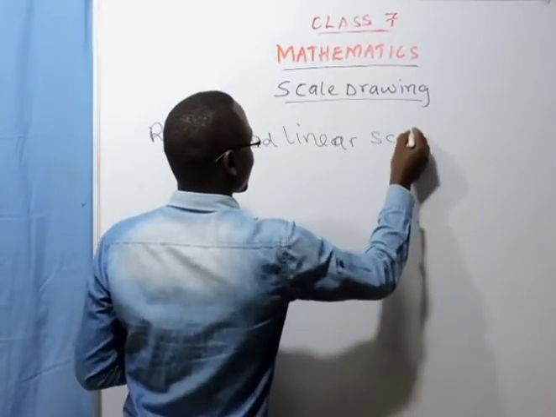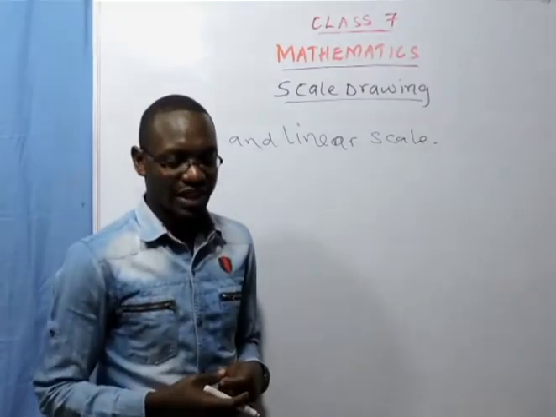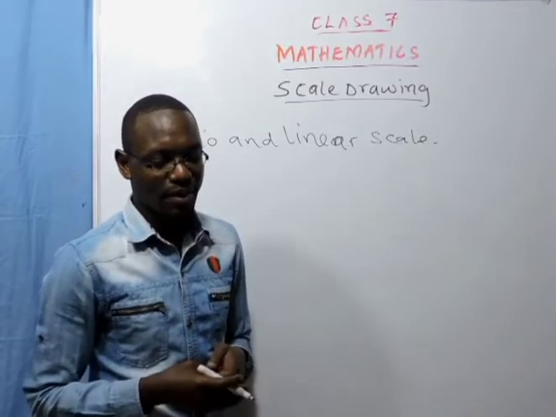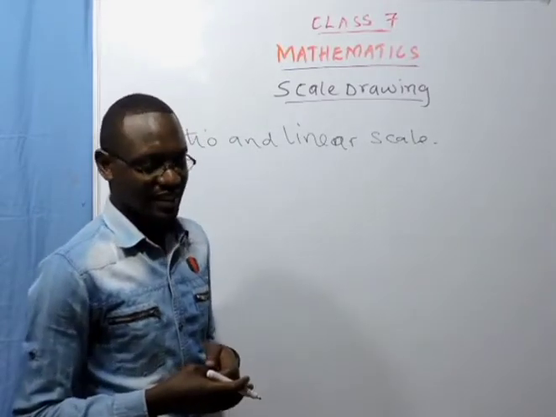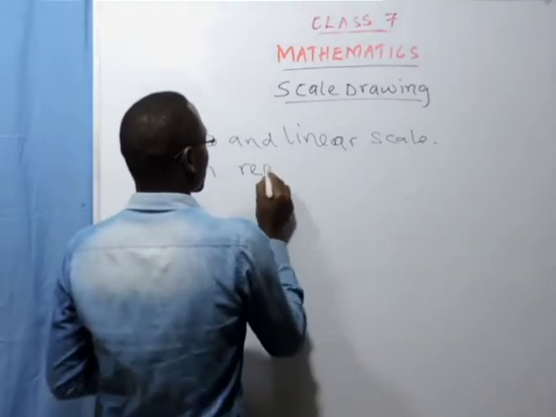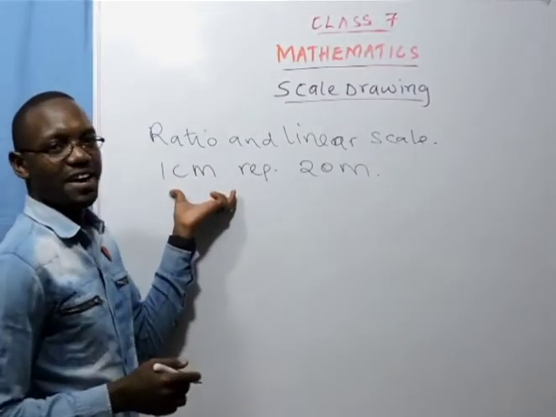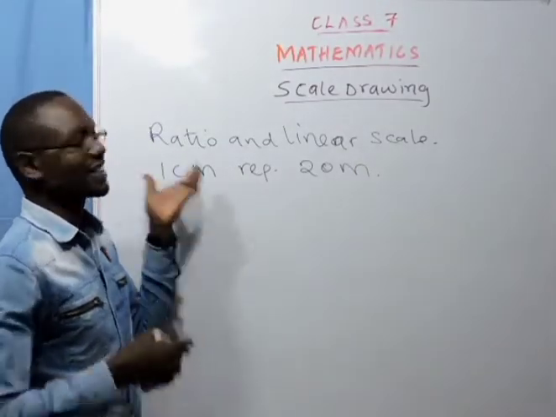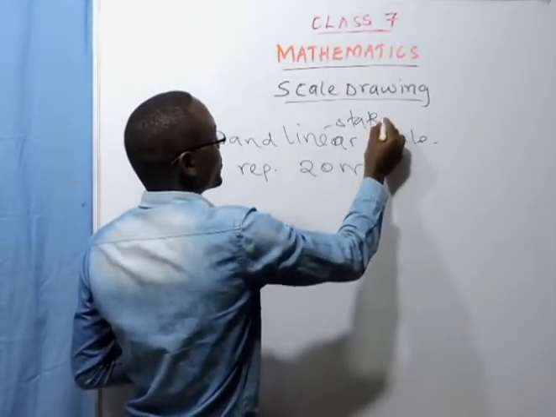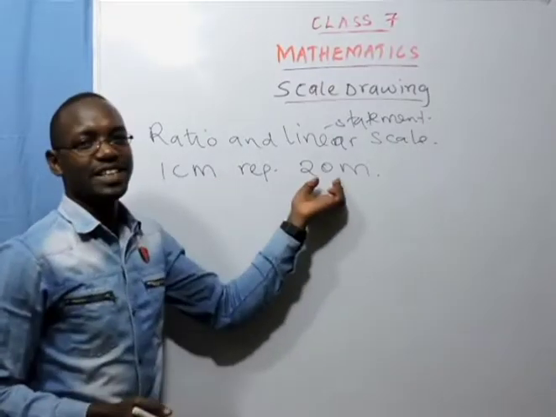For example, when you are told that on a piece of land 1 centimeter on the map represents 20 meters. So this is scale in linear form. This is a linear scale. That is, a linear scale is a scale which is written as a statement: that 1 centimeter will represent 20 meters.